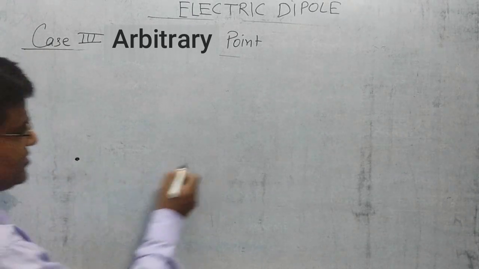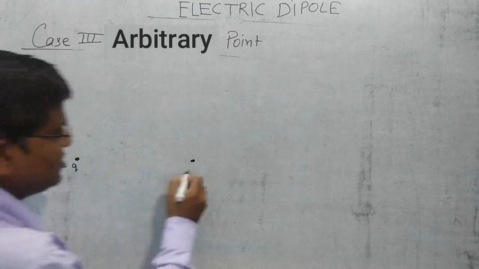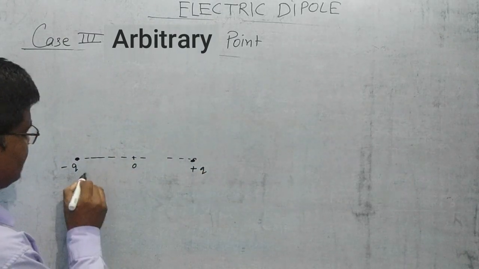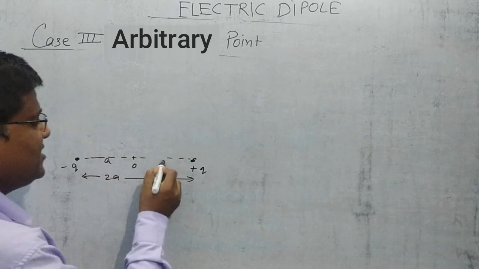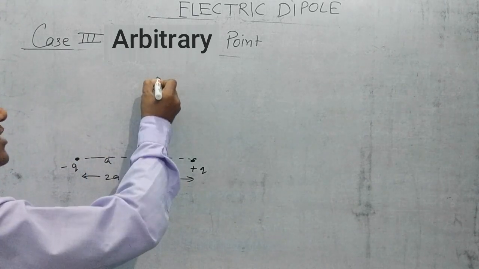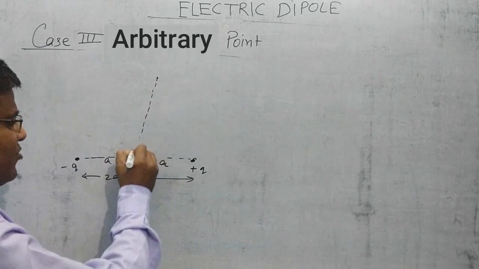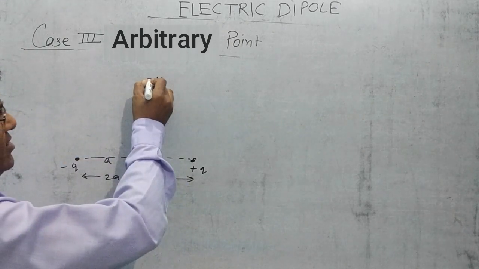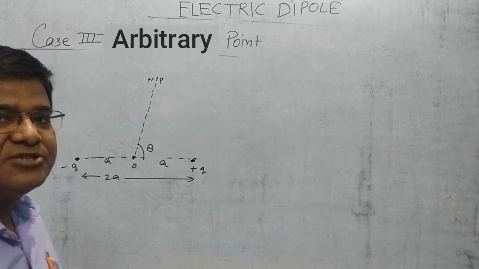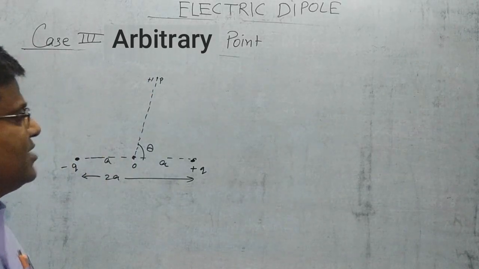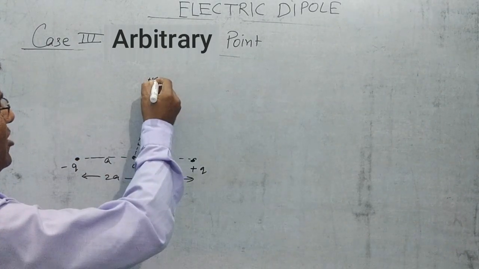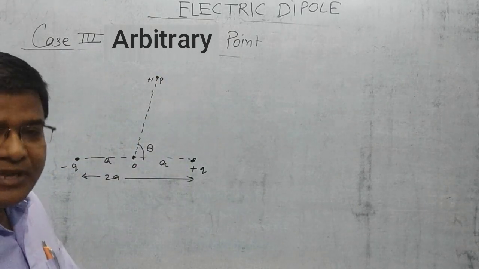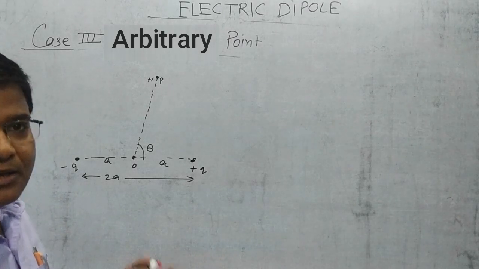Suppose this is the dipole, minus q and plus q, and the distance between these two is 2a, and this one is O. The distance is 2a, here is a and here is a, and I want to find the electric field at the point P. This is the angle theta, this is the point P. For finding the electric field at a point, we consider a unit positive charge at that point, and after putting the +1 charge we draw a line from one charge point to another, and after the vectorial sum we can find the net electric field.